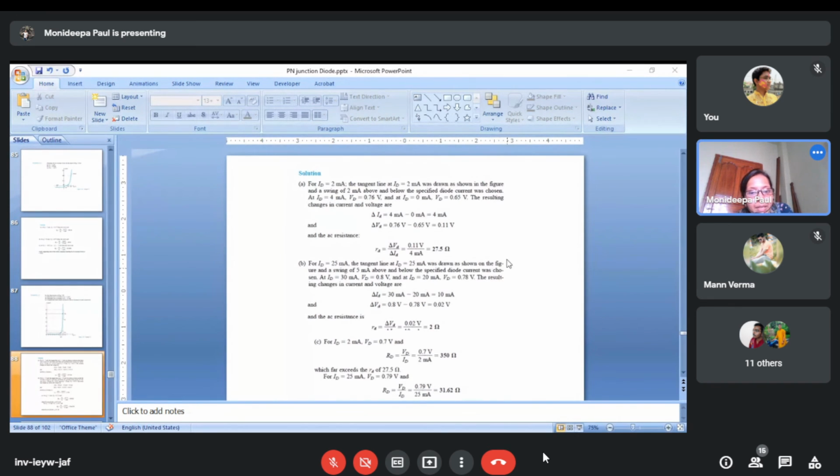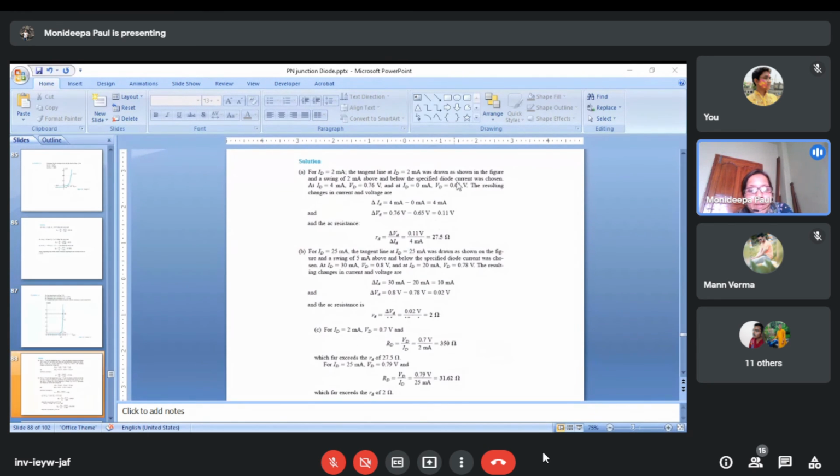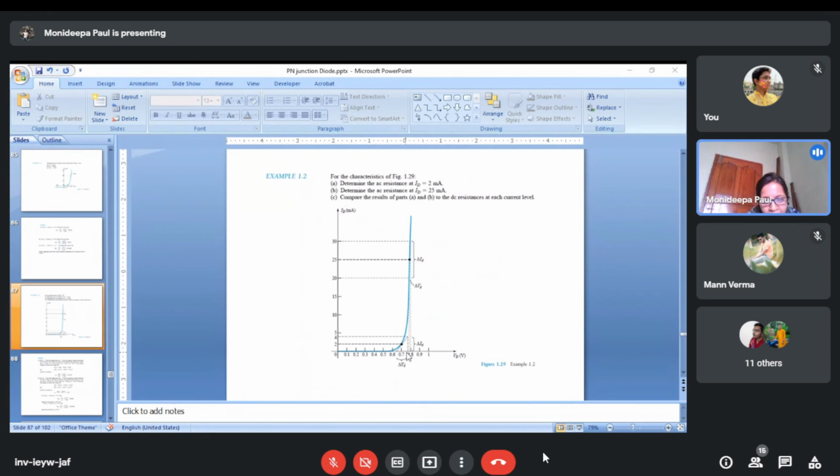That means we draw a tangent at the point 2 milliampere, and we swing from 2 milliampere below and above. Above 2 milliampere is 4 milliampere, and below is 0 milliampere. When ID is equal to 4 milliampere, VD is 0.76 or 0.78 maybe, from the graph. No problem.